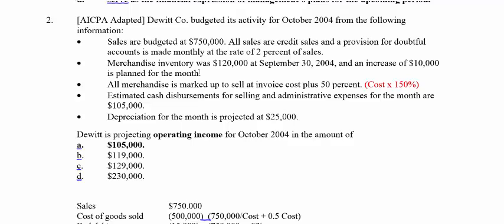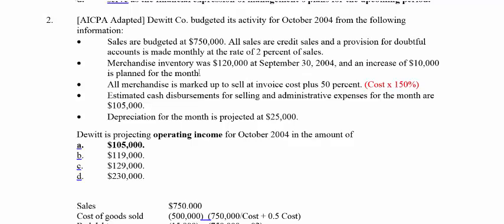All merchandise is marked up to sell at invoice cost plus 50%. So we are taking the cost of our merchandise and multiplying it by a factor of 1.5 and then selling it. With that said, $750,000 is our sales dollars.